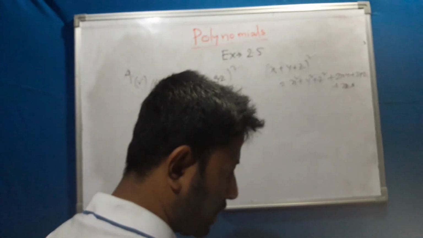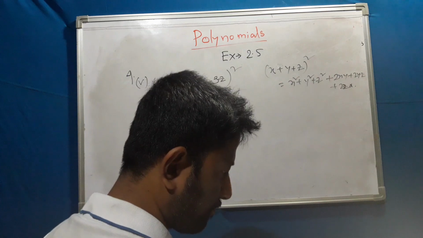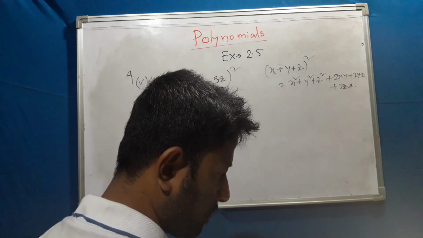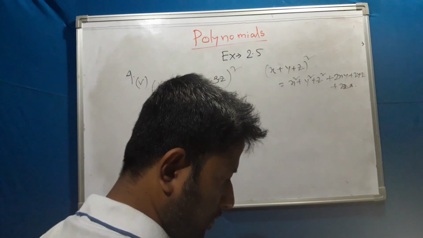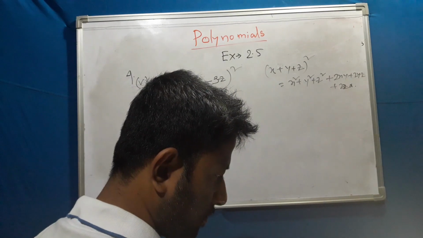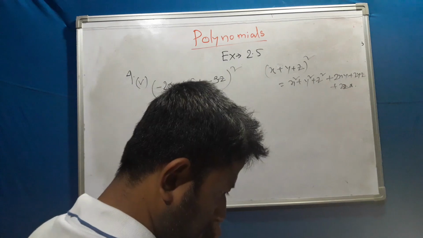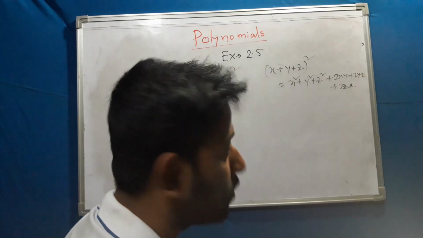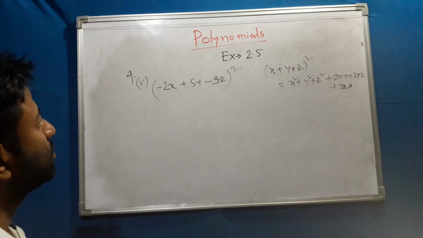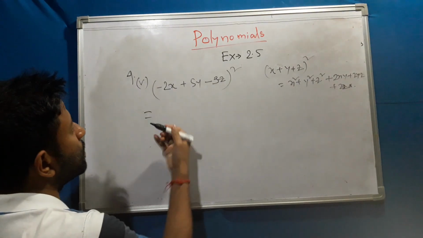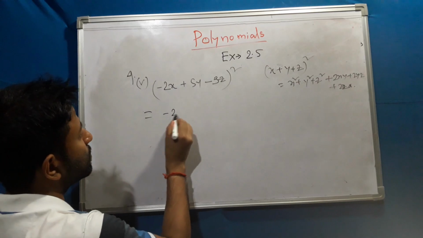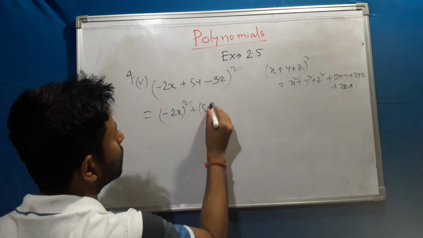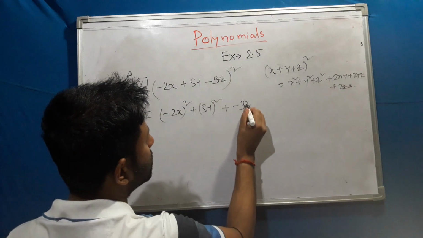so I have to apply these identities to form, okay. Now, what I can do here, it will be (minus 2x) whole square plus (5y) whole square plus (minus 3z) whole square.